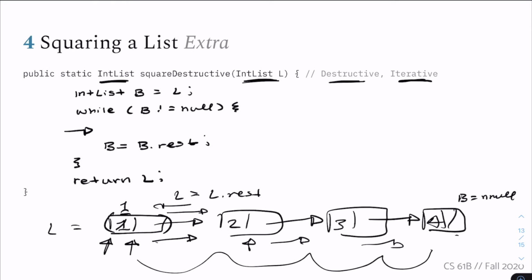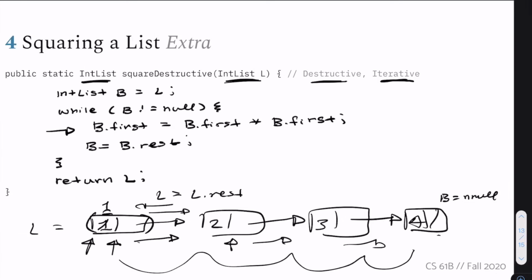And the answer is it does b.first equals b.first times b.first. There's more elegant ways to write that line, but this is the most straightforward way. Once we hit null, then there is no b.first, there is no b.rest, so we just exit this while loop and we return L.